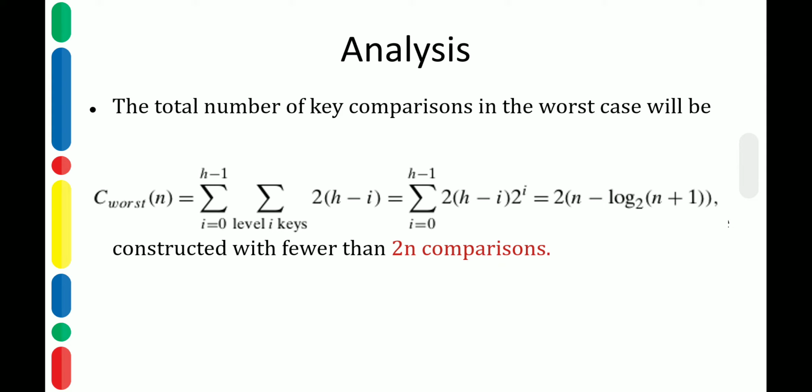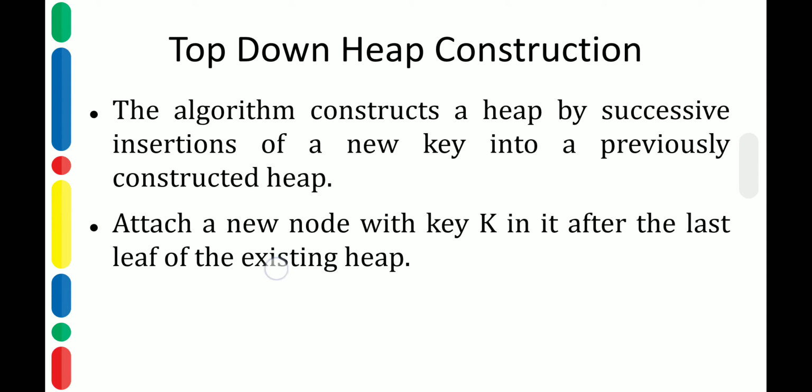The small value, log n plus 1, is being subtracted from 2n, so we can approximately say that it is 2n. In other words, the maximum number of key comparisons in the worst case will always be lesser than 2n comparisons, which suggests that we can heapify a given list of elements with fewer than 2n comparisons.